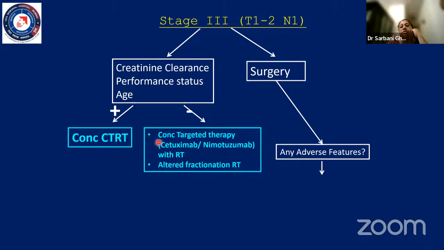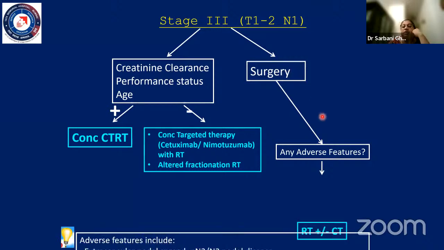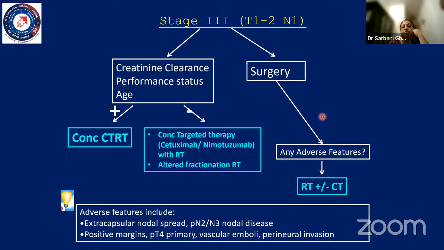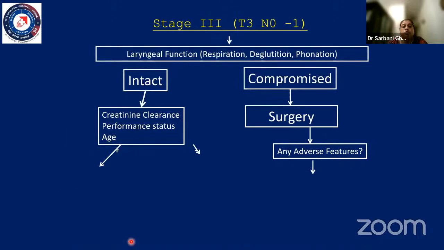And if a patient is not a suitable candidate for either, or has a dysfunctional larynx, then you may consider this patient for surgery. And in the presence of any adverse features, consider radiotherapy alone or radiotherapy plus chemotherapy in the adjuvant setting. And the adverse features, of course, include extracapsular nodal spread, advanced nodal disease, positive margins, advanced T-stage, vascular emboli, perineural invasion.